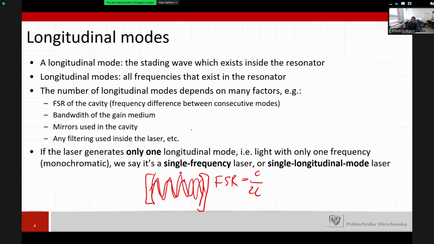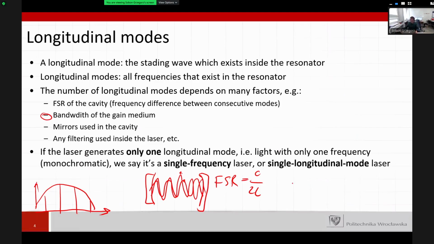So the number of modes will depend mostly on the bandwidth of the gain medium, which is inside the laser. The broader the gain bandwidth of our medium, the more longitudinal modes we can have, because they will be supported by this gain. We have already seen examples, for example gas lasers like helium neon lasers, where the gain bandwidth was quite narrow, and we had only a few longitudinal modes in the laser, sometimes 1, sometimes 2, 3, 4.